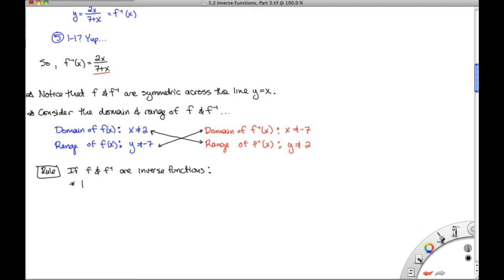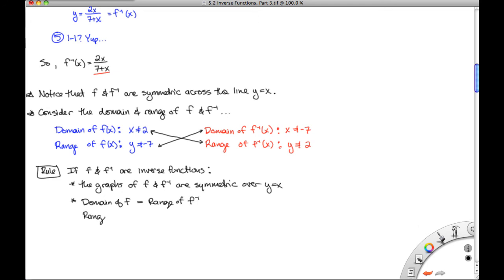First, the graphs of f and f inverse are symmetric over the line y is equal to x, and then also the domain of f is equal to the range of f inverse, and the range of f is equal to the domain of f inverse.